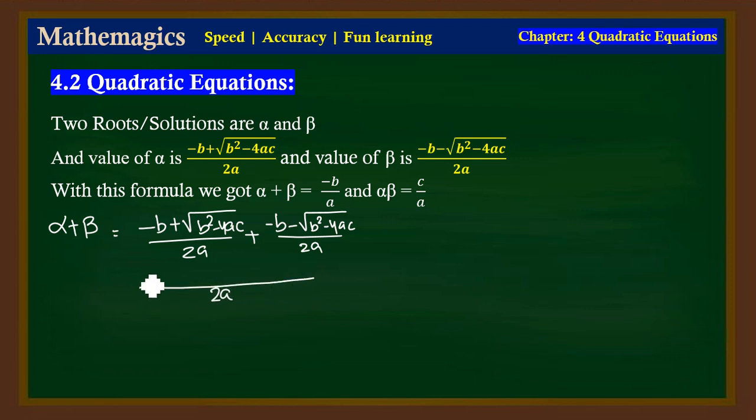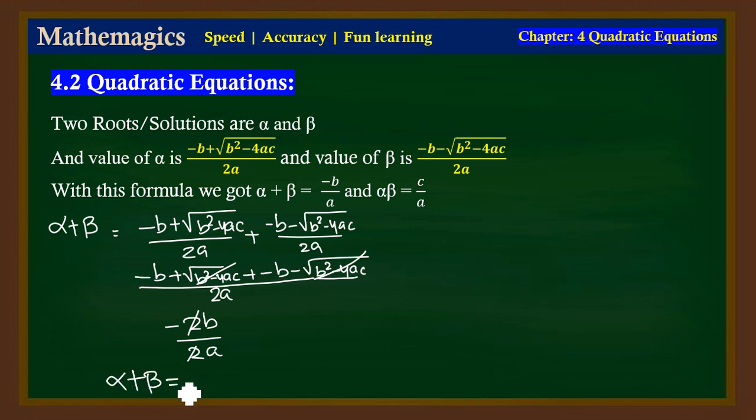So the numerator is minus b plus under root of b square minus 4ac plus minus b minus under root of b square minus 4ac, whole divided by 2a. The under root terms get cancelled. Here minus b and minus b become minus 2b, and the denominator is 2a. So 2 and 2 get cancelled. Finally we obtain alpha plus beta is equal to minus b by a, which we have proved here. And dear friends, this formula we were using in the polynomial chapter as a ready-made formula.